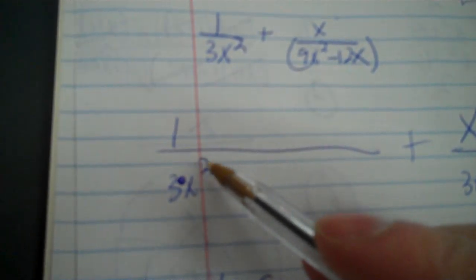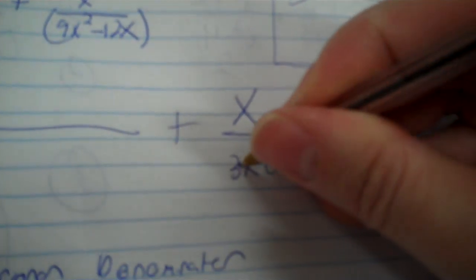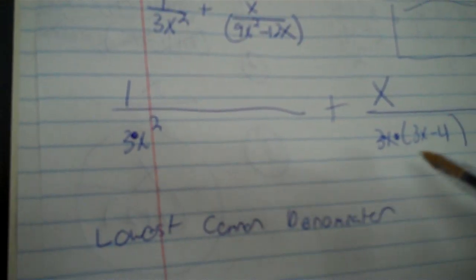Not x and 2, 2 is a power to the x. And over here, 3 and x, and then x in the parentheses. Now you got to look at all factors you have on the bottom. You have a 3. You have an x to the second, but we're not going to write x to the second. When we see an x not in parentheses, we call it outside x.